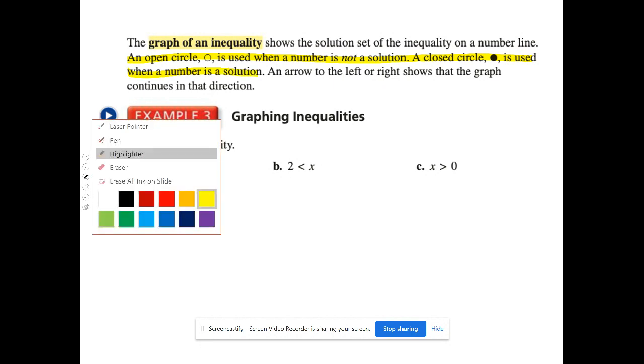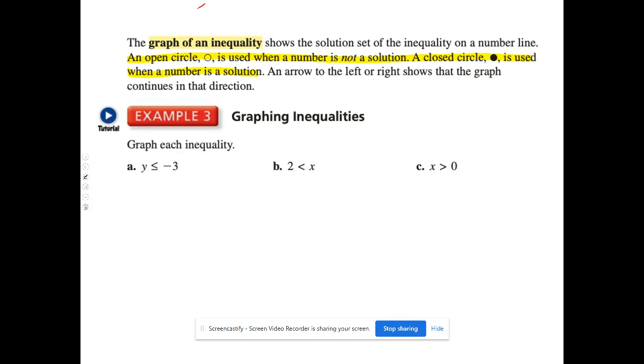Make sure you're writing this down: your less than or your greater than will use open circles, and your less than or equal to and your greater than or equal to will use closed circles, because with less than or equal to or greater than or equal to, that boundary point can be a solution.